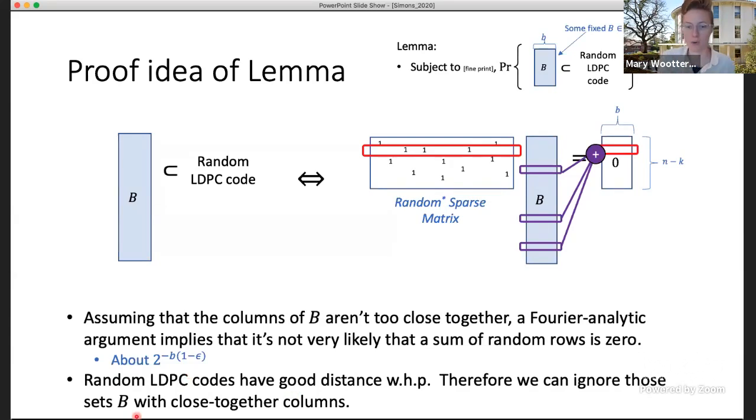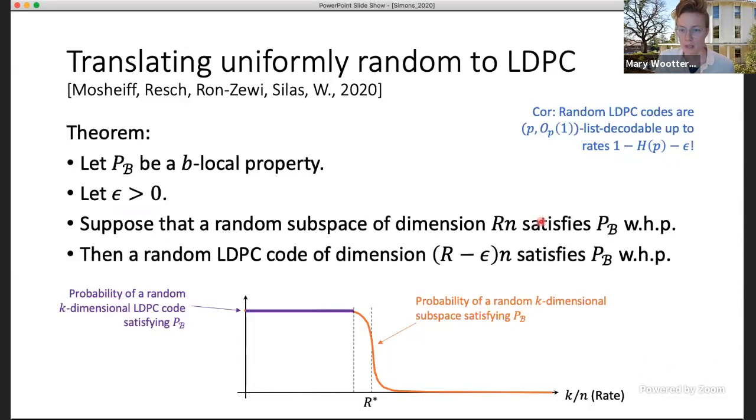So you can ignore those other B's, and for all the rest of them, this basic argument that if you take a bunch of random things, it's going to even out works pretty well. Cool. Okay, so that's basically all I'm going to say about the proof of this theorem. But again, the corollary is that these results that people have sweated very hard to prove for uniformly random codes now come kind of for free for more structured ensembles like random LDPC codes.